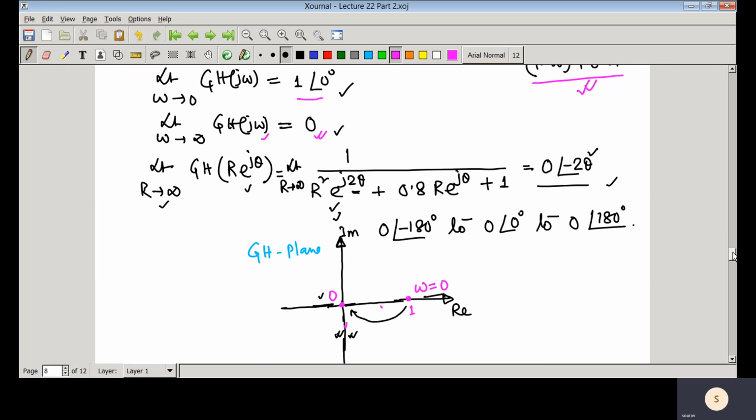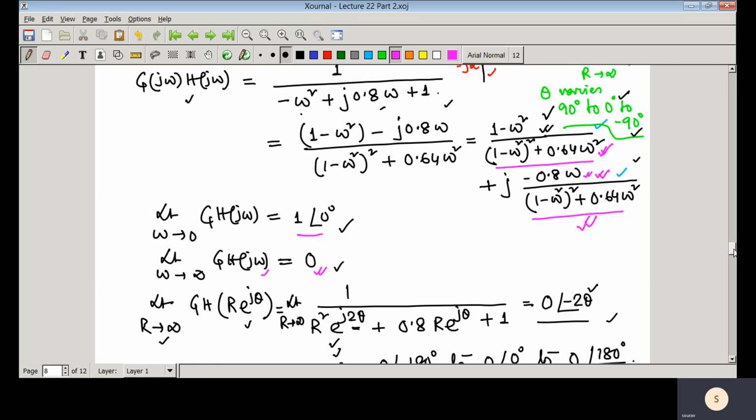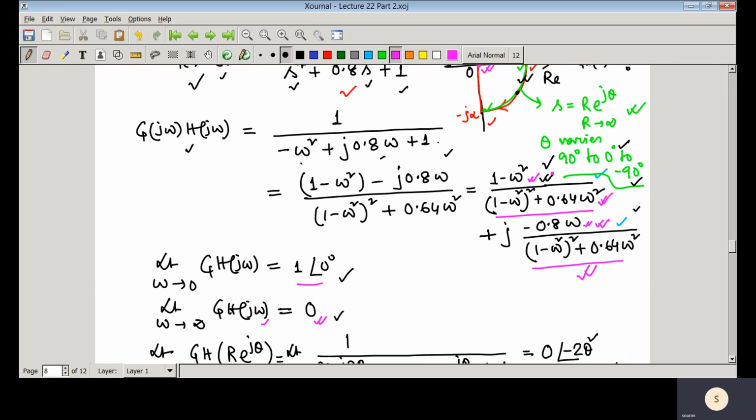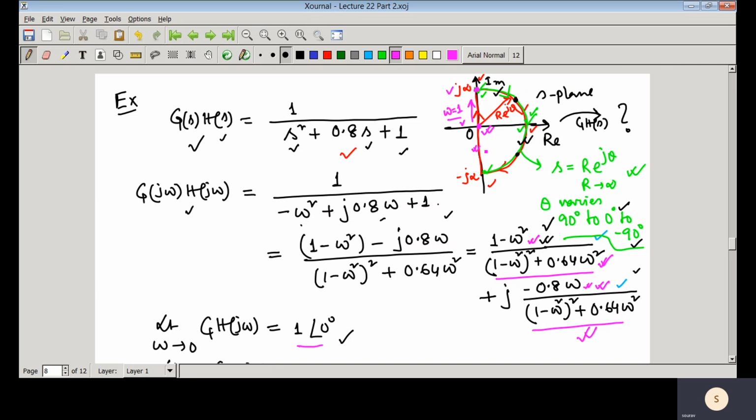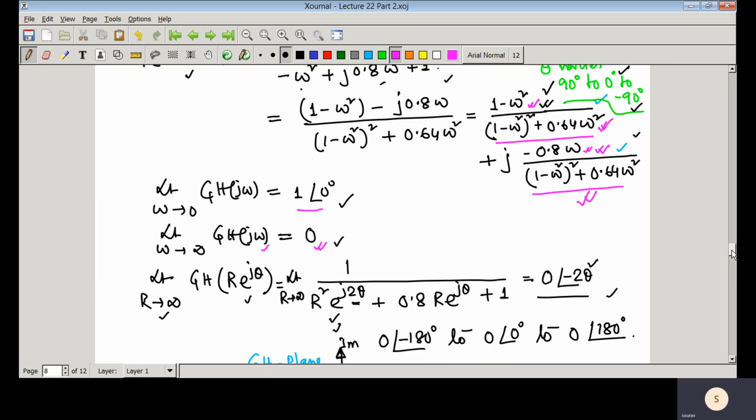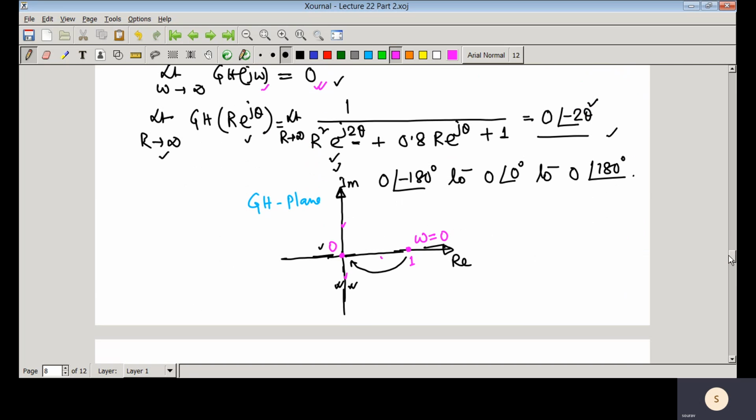On the imaginary axis the real part equals 0, and omega equal to 1 is this side, and minus 1 is the other side. That is why at omega equal to 1 it cuts the imaginary axis. So it would come and cut, and this particular frequency is omega equal to 1.